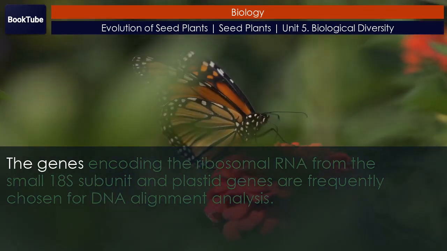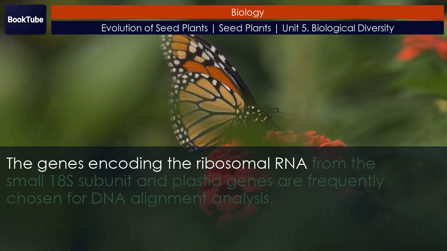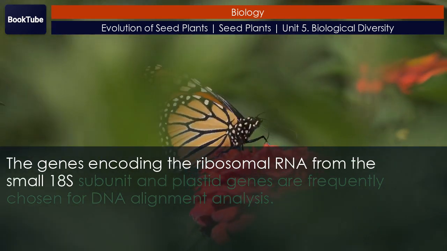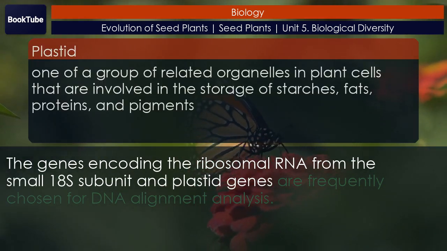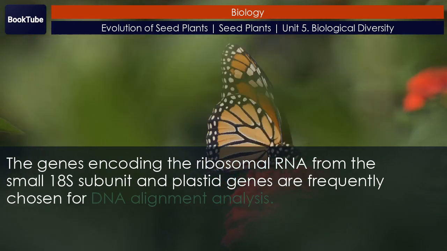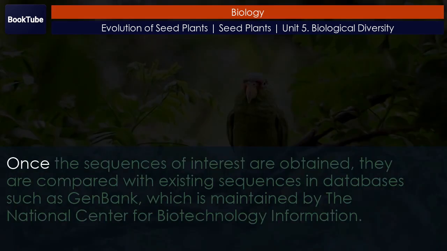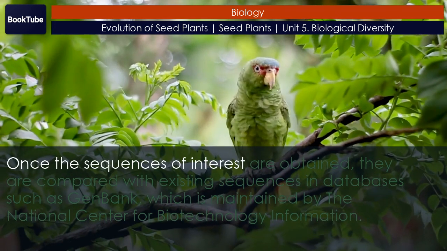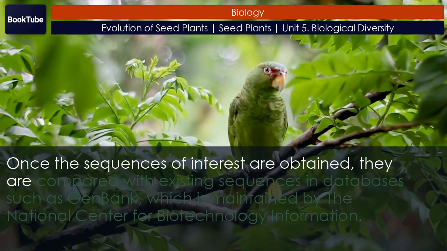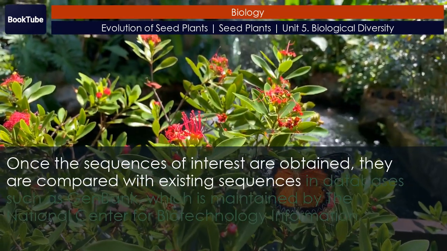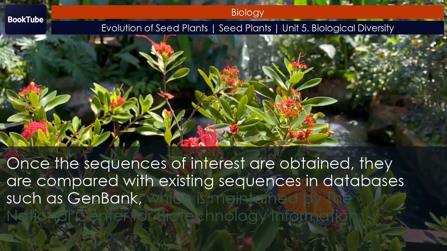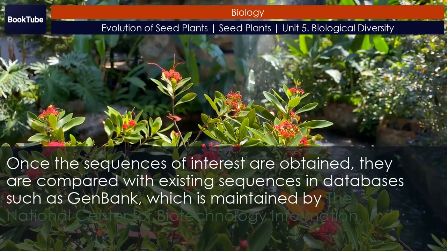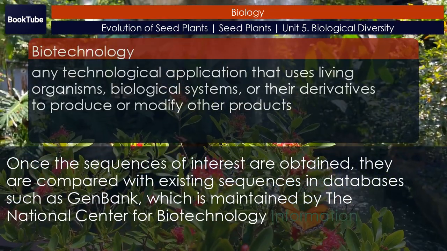The genes encoding the ribosomal RNA from the small 18S subunit and plastid genes are frequently chosen for DNA alignment analysis. Once the sequences of interest are obtained, they are compared with existing sequences in databases such as GenBank, which is maintained by the National Center for Biotechnology Information.